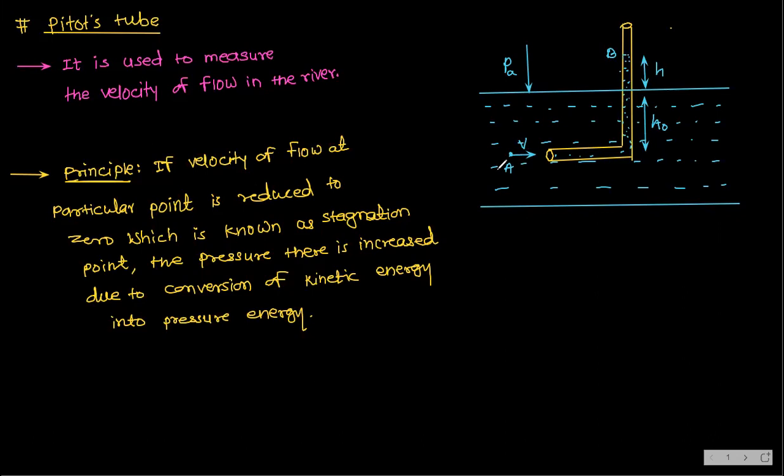Yes, no? So now here you have velocity V, but here velocity is 0. So here you will get this kinetic energy converted into pressure energy at point B. Understand? And this is the principle behind this Pitot tube.